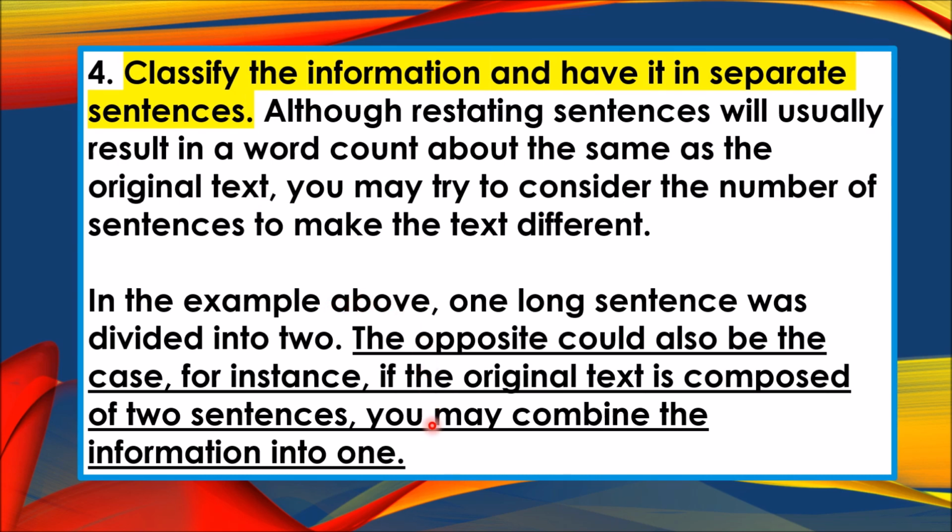As you can see there, if the original text is composed of two sentences, you may combine the information into one. And if this is a long sentence, you have to classify the information and make it what? Make it shorter or make it in a different way. Okay?